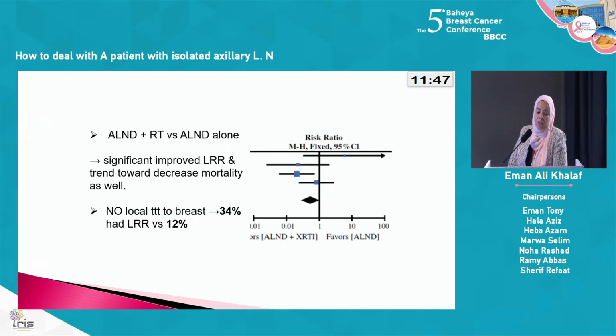The second piece of information is that the patients who received ipsilateral breast irradiation showed significant improvement of local regional recurrence and a trend toward decreased mortality as well, versus the patients who did not receive any directed treatment to the ipsilateral breast. In this meta-analysis, the ipsilateral recurrence in patients who did not receive any direct treatment to the ipsilateral breast reached 34% versus 12%.